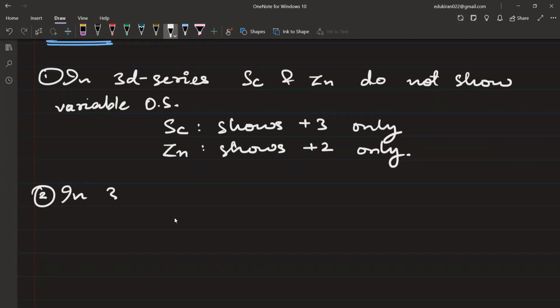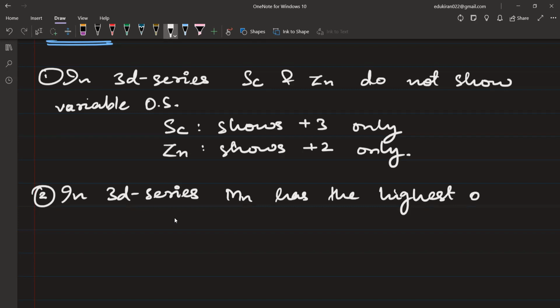In 3d series, which is going to have the highest oxidation state? Mn. In 3d series, manganese has the highest oxidation state, that is +7. There are also +8 oxidation states, right? +8, but in 4d and 5d series elements.